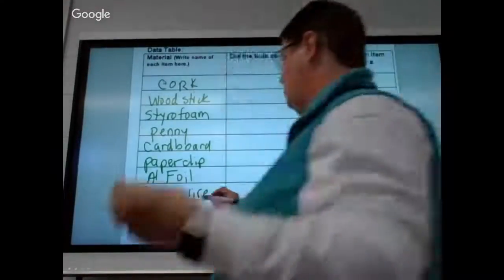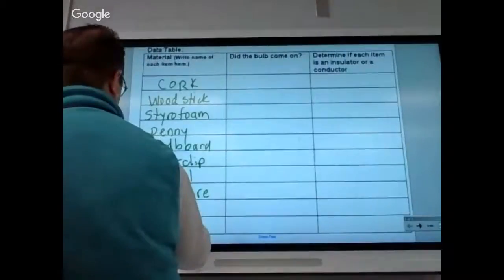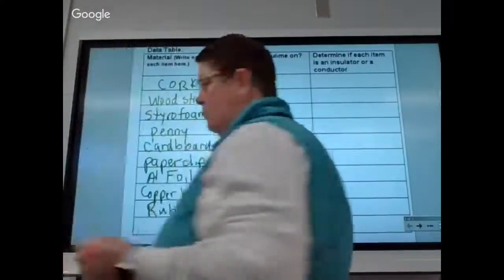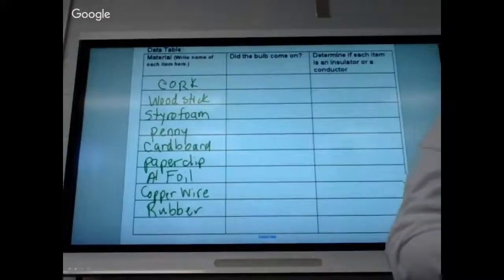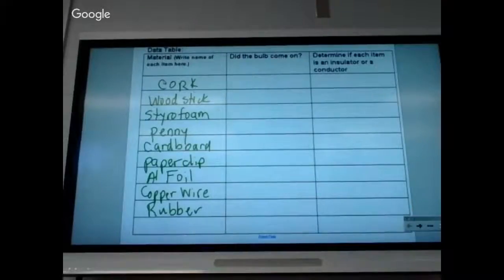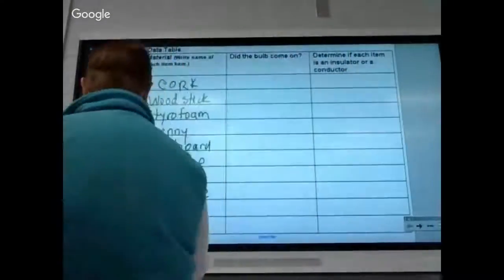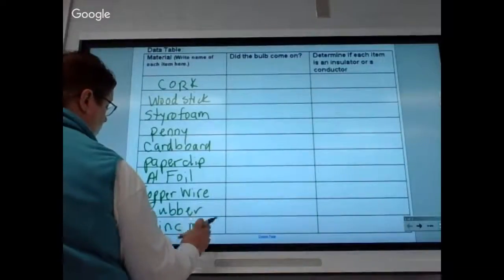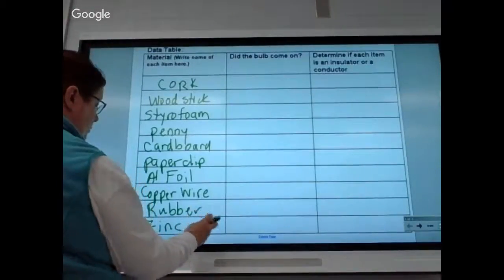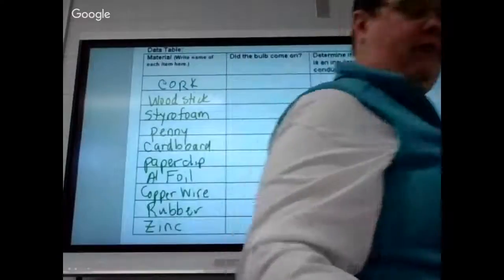This bag actually has everything. And this itty bitty little thing that gets lost 9 times out of 10 is about this big, and it's zinc. You should have all 10 things. If you don't, let me know, and I will get it for you.